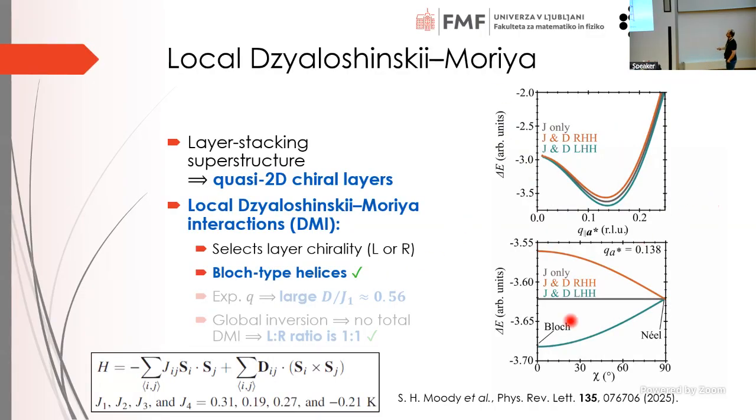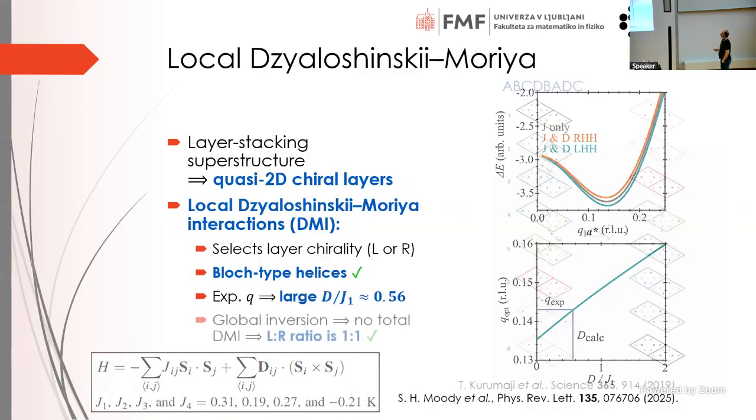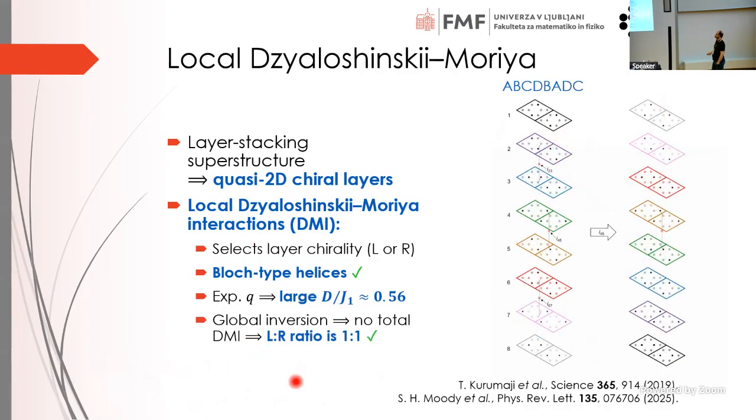It prefers a Bloch type modulation, as we see in experiment. We could estimate the size of the Dzyaloshinskii-Moriya interactions and the directions just from symmetry arguments. And due to the global inversion symmetry, we reproduce the experimental ratio that there are as many left as right-handed domains stacked vertically on top of each other.